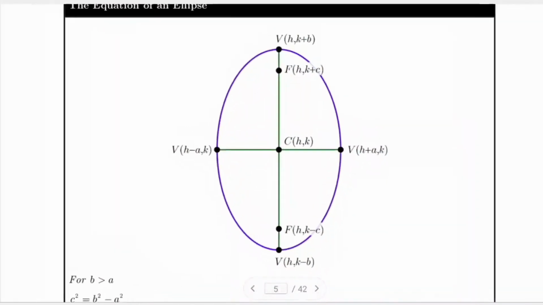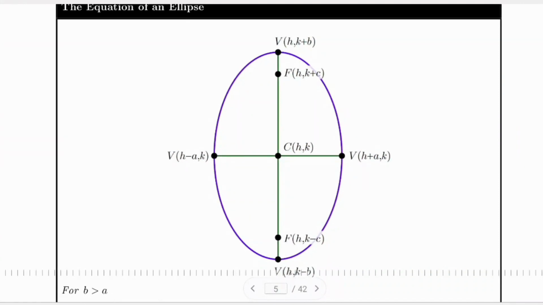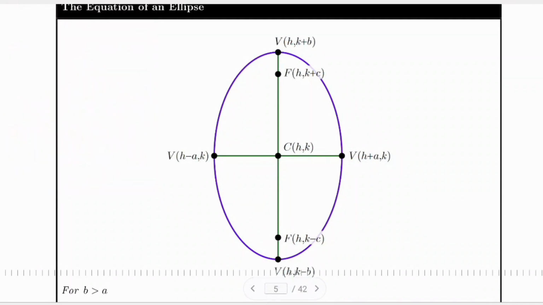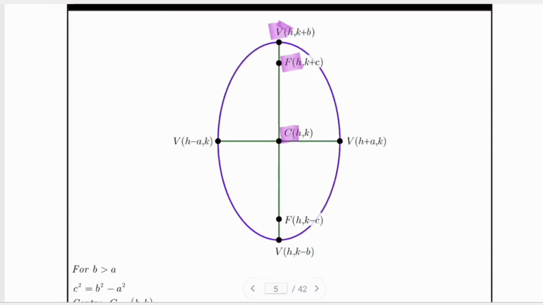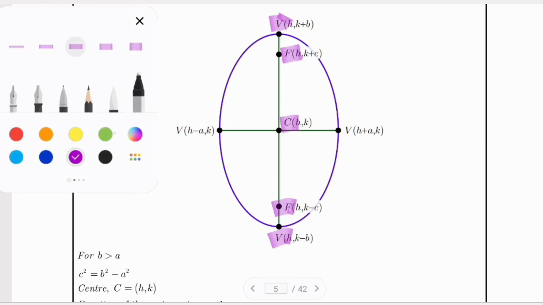First, we're going to look at the ellipse. You notice that the ellipse has vertices, foci and center, but it also has a focus over here and a vertex over here. So this is called the vertex major.